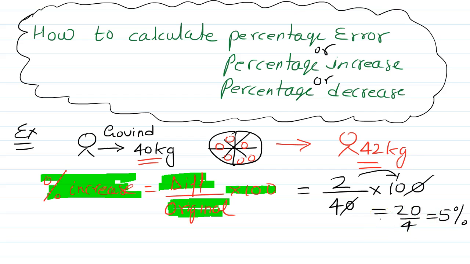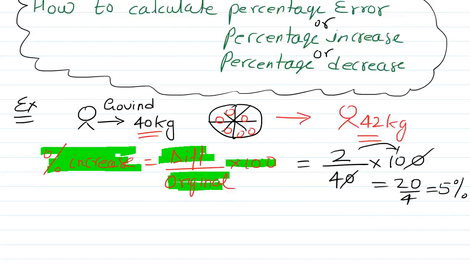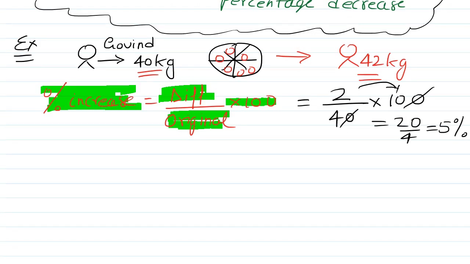Is that okay? So same question, if we want, here is another guy. Yes, so let's write his name, Krishan or Krishna, and his weight is 40 kg.